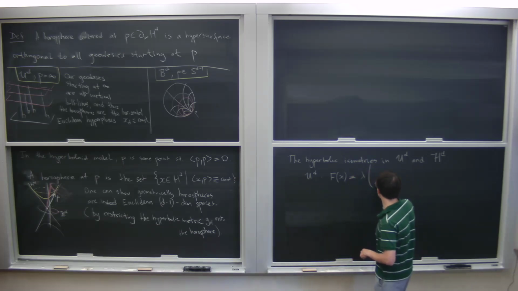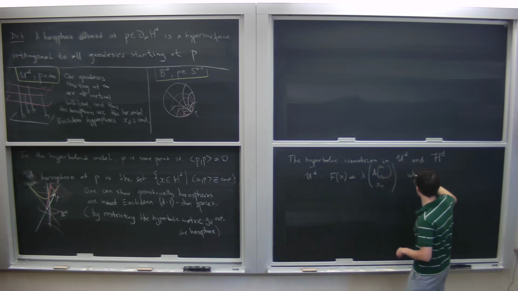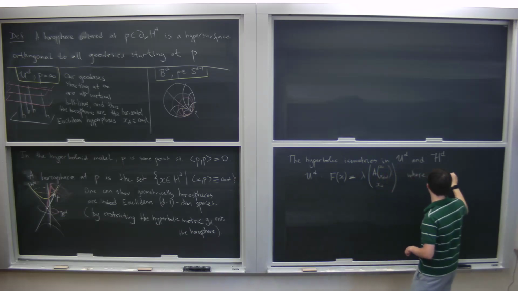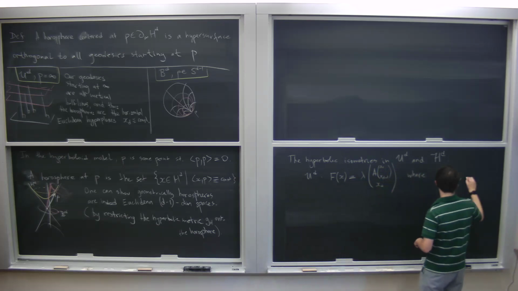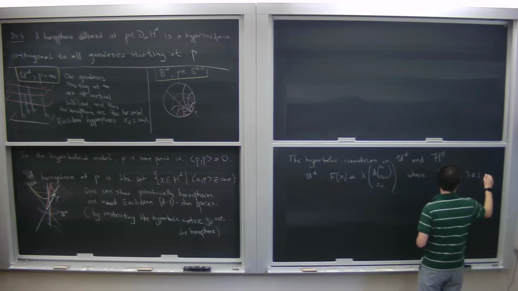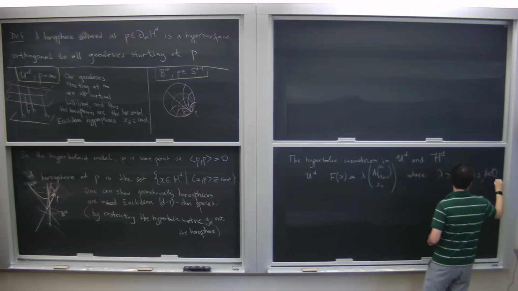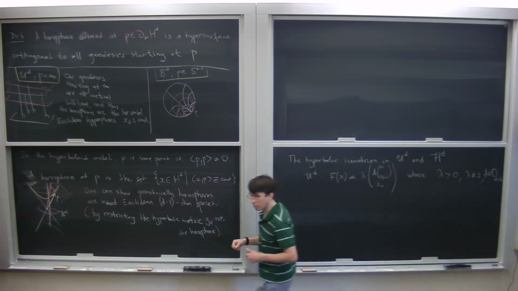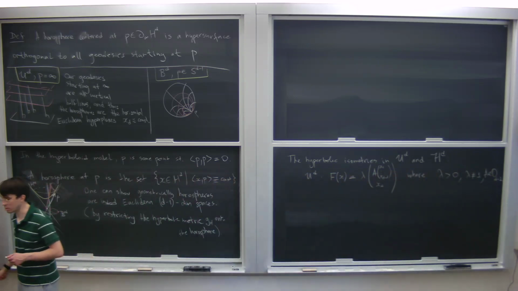Here I will write xd, while here I'm writing A multiplied to the first d minus 1 coordinates, where lambda is greater than 0, lambda is not equal to 1, and A is an orthogonal matrix of order d minus 1.